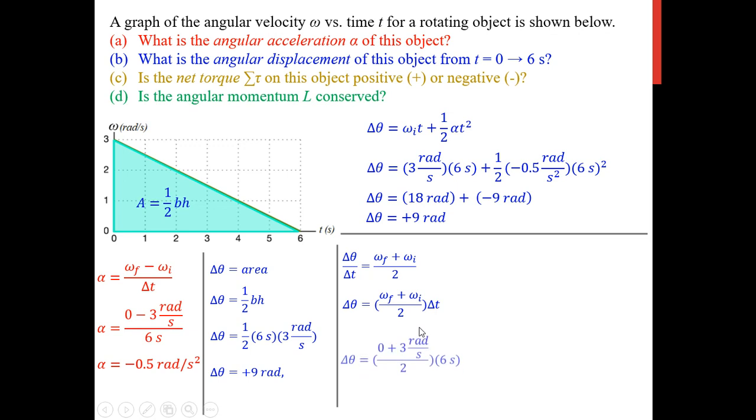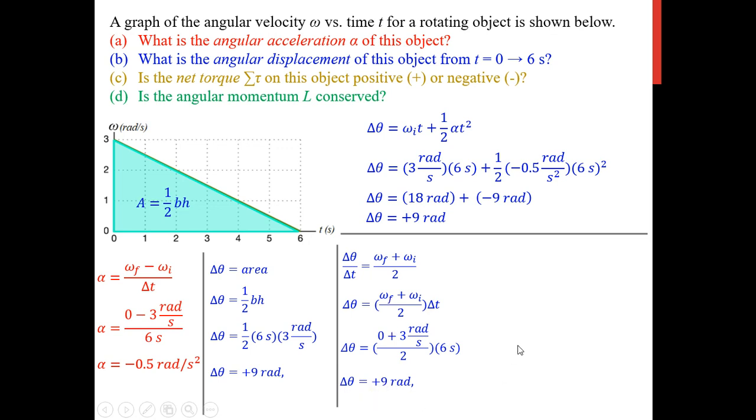Angular velocity at 6 seconds is 0. The angular velocity at 0 seconds, which is your initial frame, is 3 rad per second. And divide that by 2. That's part of the function. The time interval here is 6 seconds because I'm looking at the whole area shown in the graph. If you simplify that, you will also get the same value of positive 9 rad.